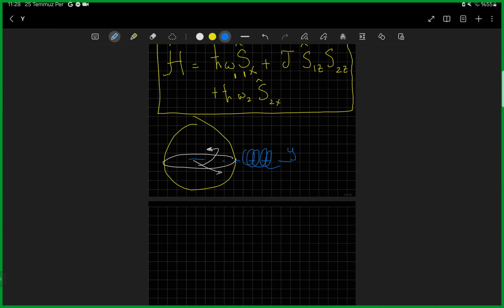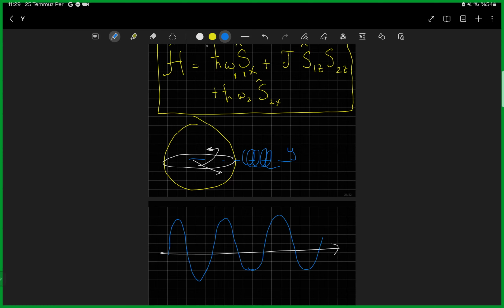Now if I put a voltmeter up here, this is a classical measuring device that you need for this kind of quantum system. The voltmeter will produce a voltage due to the change in flux, Faraday's law. And if you plot that voltage with time, if there is no decoherence, this is what the voltage is going to look like, and the frequency of this voltage is going to be omega.